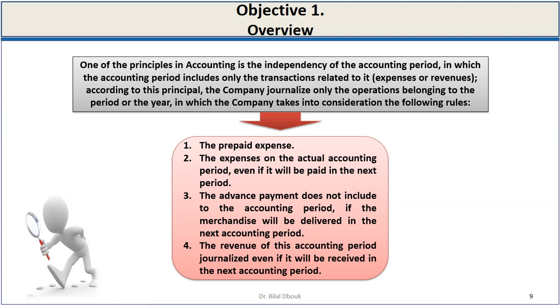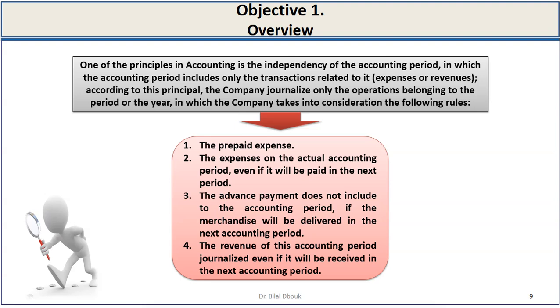The advance payments also do not belong to the accounting period if the merchandise will be delivered in the next accounting period. So this is the third rule that we must focus on. An advance payment does not relate to the accounting period if the merchandise will be delivered in the next accounting period.